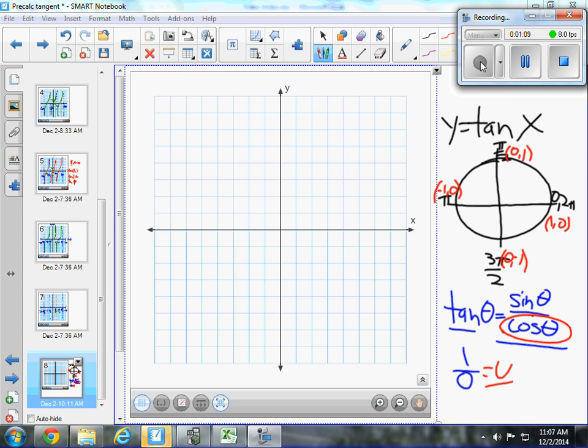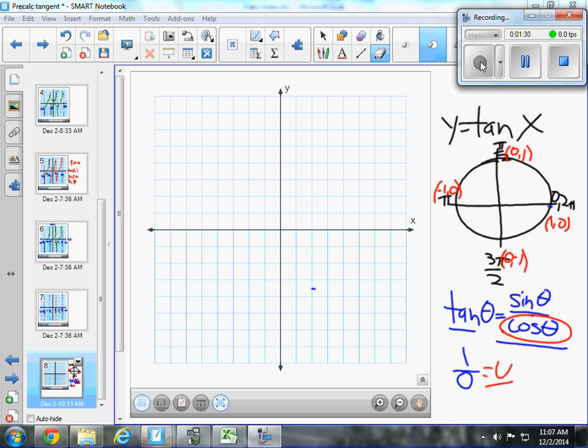Because where cosine theta is equal to 0, it is undefined, and I'm going to have an asymptote. So at my angle 0, cosine is equal to 1, and sine is equal to 0. So that's equal to 0, and there's nothing wrong with that.